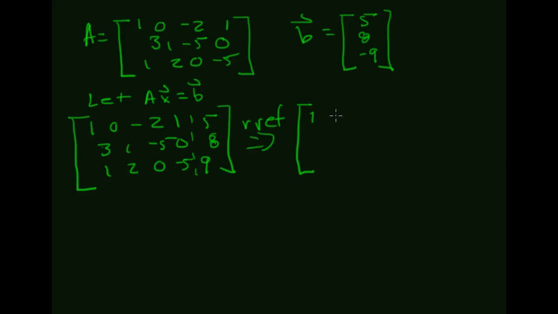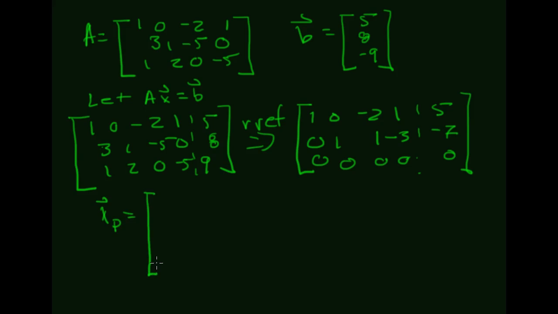and we would end up with 1, 0, -2, 1, 5; 0, 1, 1, -3, -7; 0, 0, 0, 0, 0. Okay, so this means that let's let xp be the vector 5, -7, 0, 0.